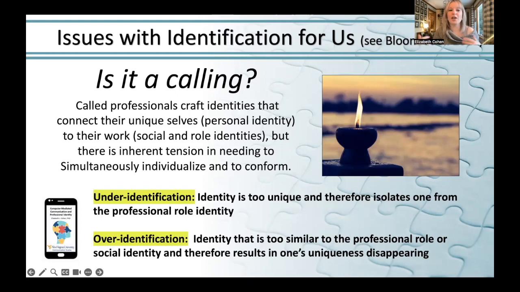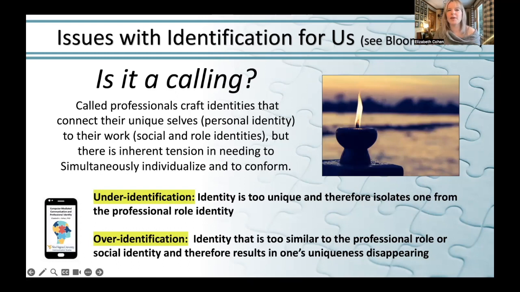And what I love about that is that if you read the Bloom article, you'll see that those are the ingredients of a calling. If you're able to understand how your unique self connects to your work, that is really the makings of feeling like a higher purpose in what you do.